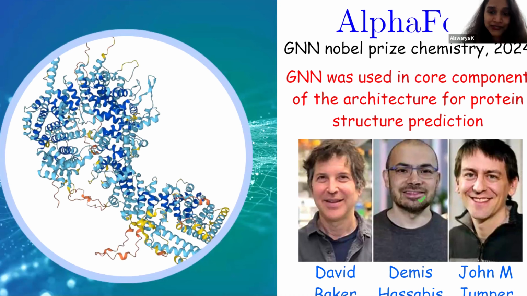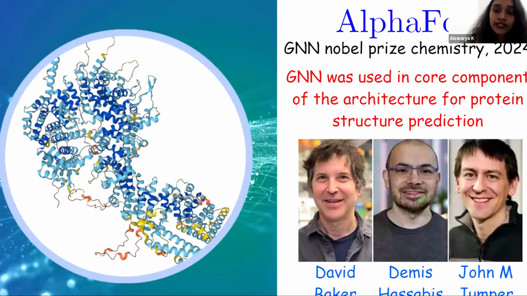So let us understand more about this. Proteins are the basic machinery of life, right? They control the metabolism, repair, they transport oxygen, form antibodies, regulate hormones, and everything in life, right? So every protein starts as a linear chain of amino acids, but to function properly, it must fold into a precise 3D shape. The protein's function entirely depends on this folded shape, not just the sequence.